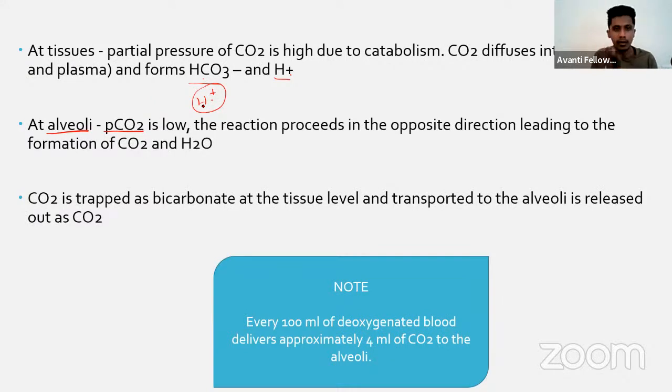That is, hydrogen and bicarbonate will combine to form carbonic acid, and carbonic acid will dissociate into carbon dioxide and water molecule. Did you understand? So now we understood how the carbon dioxide is transported in red blood cells as well as through bicarbonate forms. The other one is plasma, where carbon dioxide is directly transported as carbon dioxide.